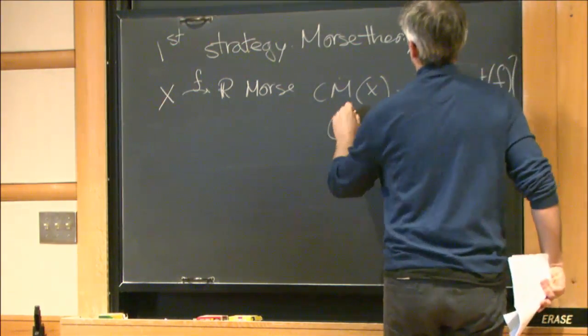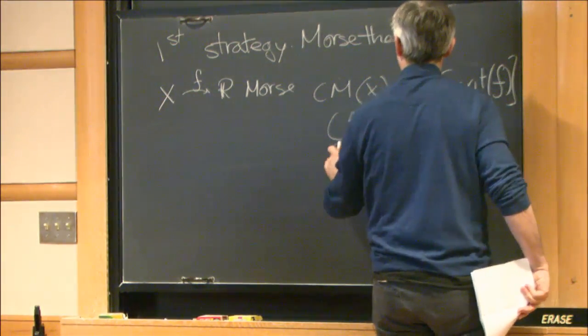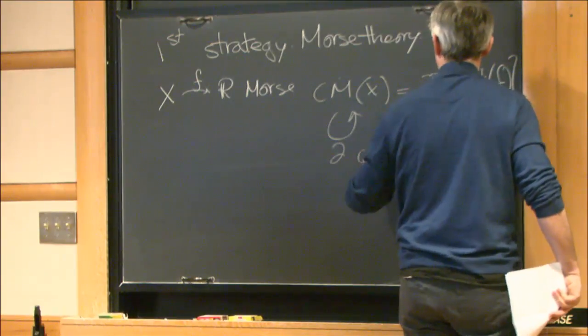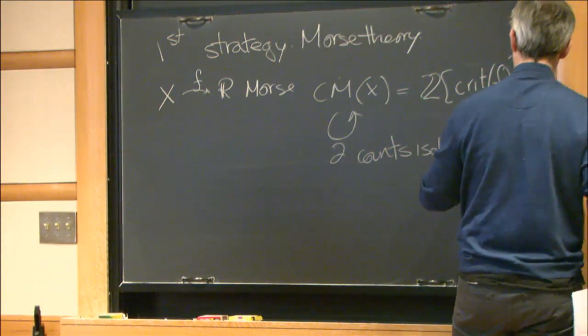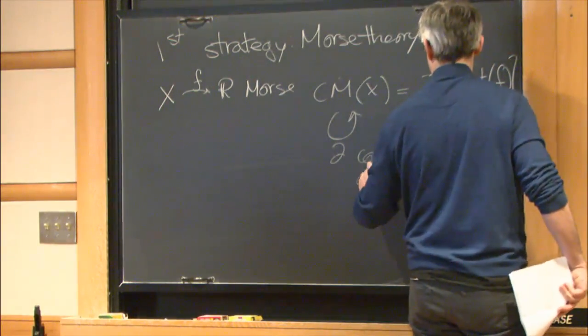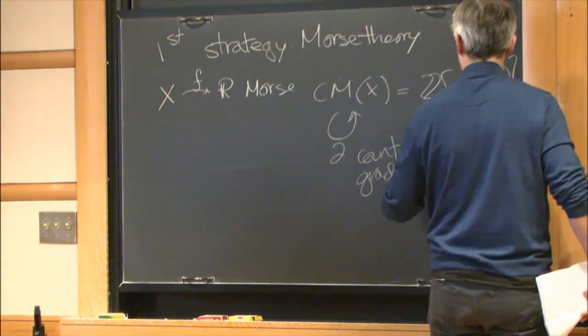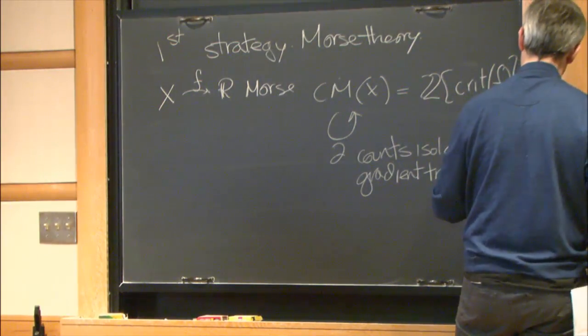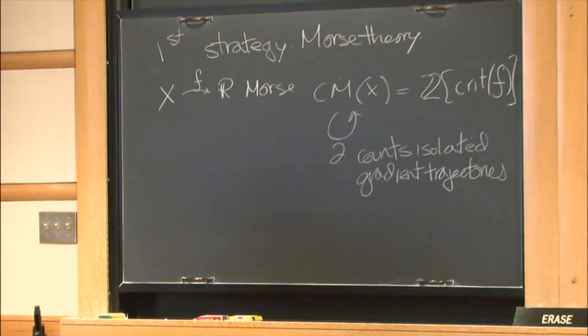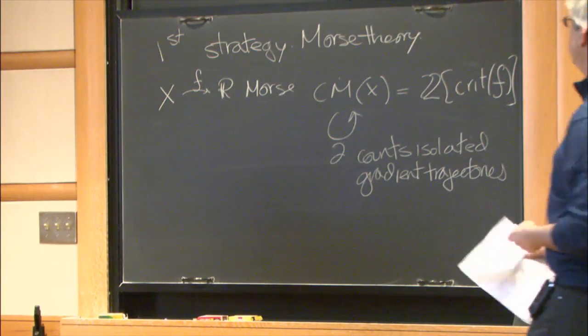And this has a boundary operator which counts the isolated gradient trajectories, and computes the cohomology. So in good cases, you get a basis this way.